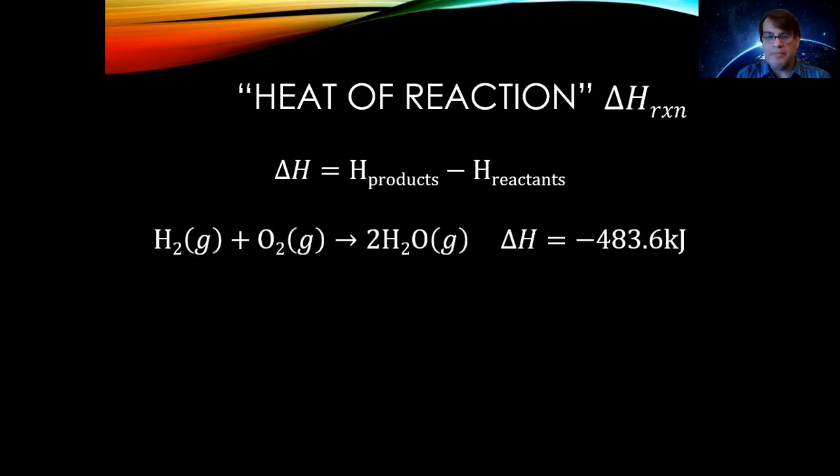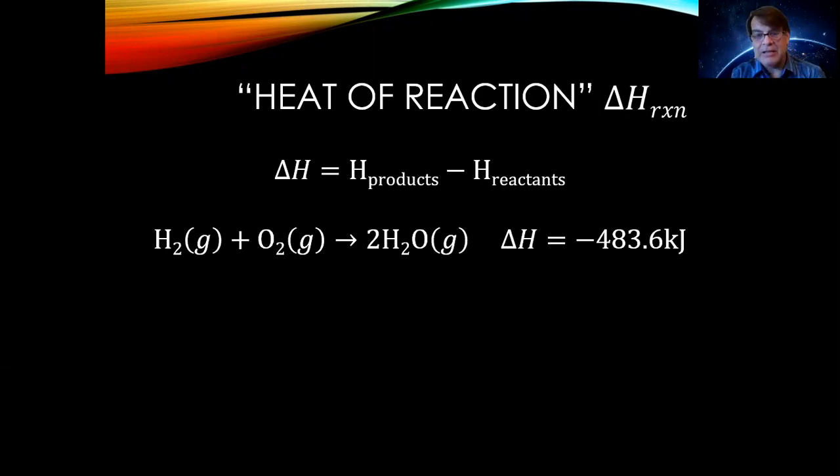gives you the change in enthalpy. So let's take the formation of water, where we have hydrogen gas and oxygen gas, and they come together to form two water molecules here in vapor form. What is the change in enthalpy? Well, you need to absorb heat. It's an endothermic reaction.